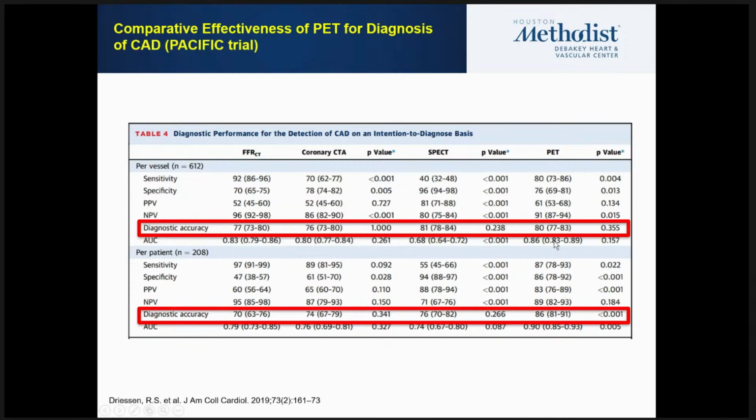And if you take just flow, and we're not talking here about the overall symptoms, because this was done with O15 water, so we only have PET myocardial blood flow, it is 86% with PET.